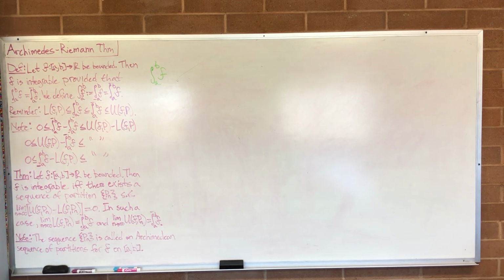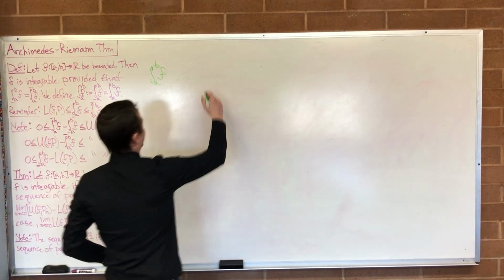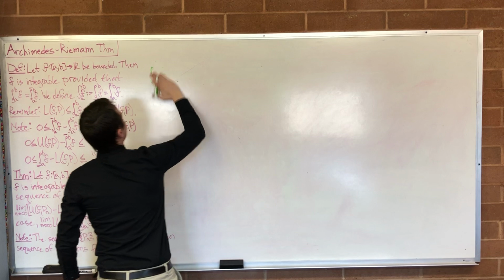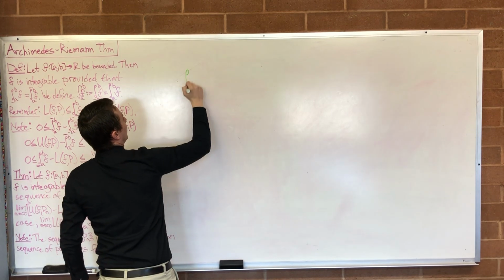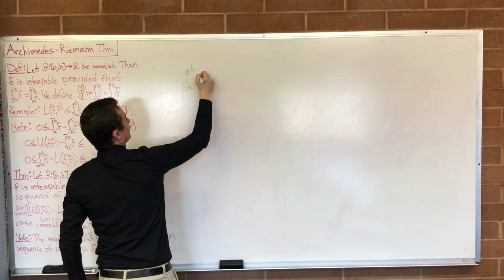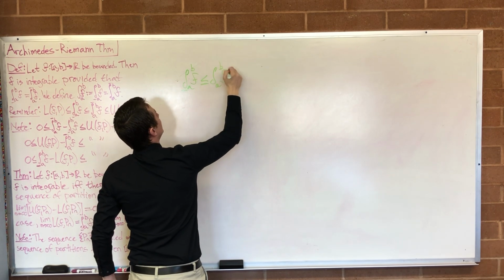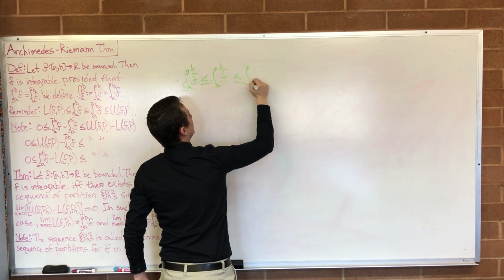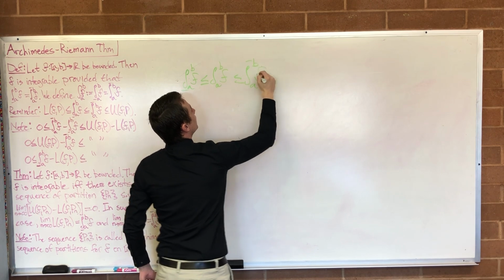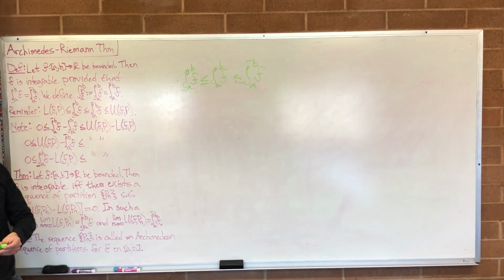Then f is integrable, provided that the lower integral and the upper integral are equal. If you remember that we had our inequality that, intuitively speaking, the lower integral is always less than or equal to the actual integral, is always less than or equal to the upper integral. That was our intuition for how we define these things.